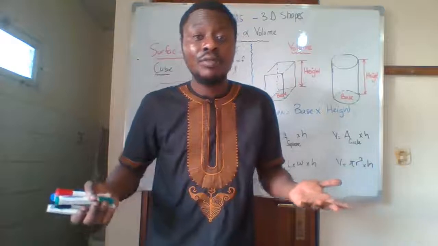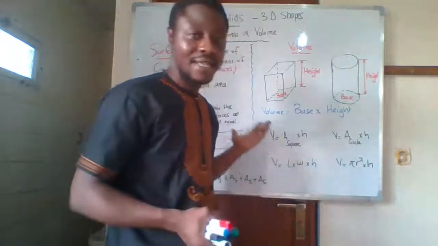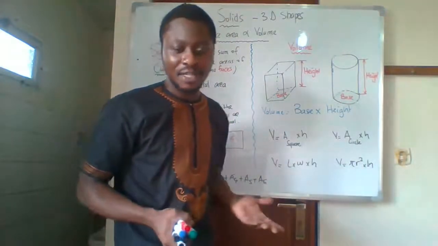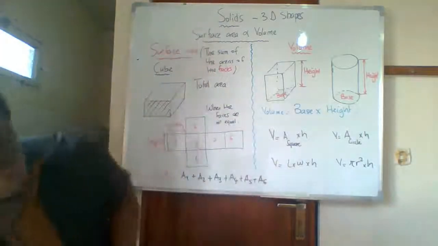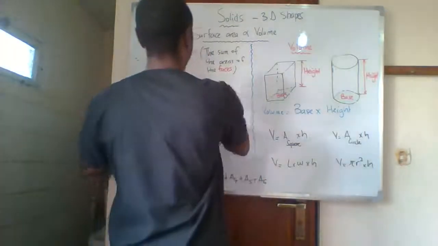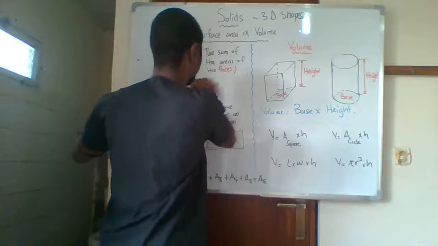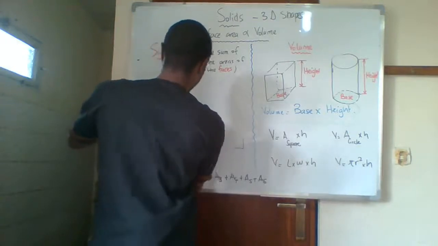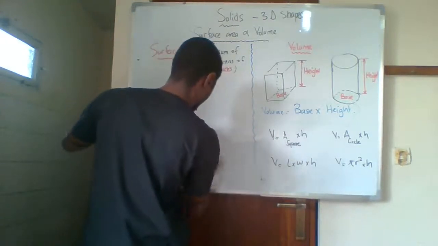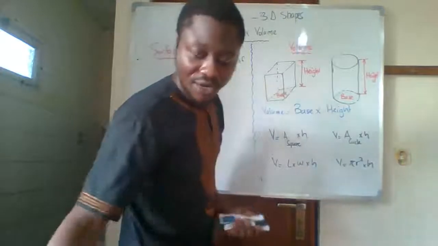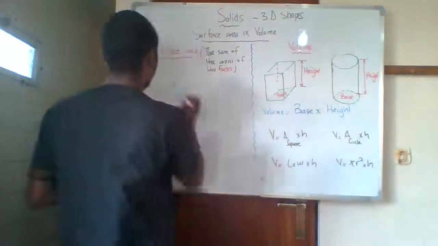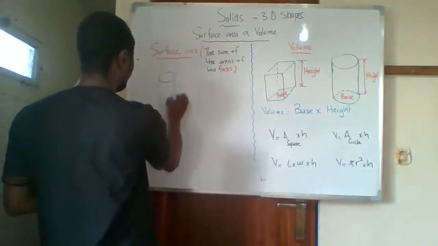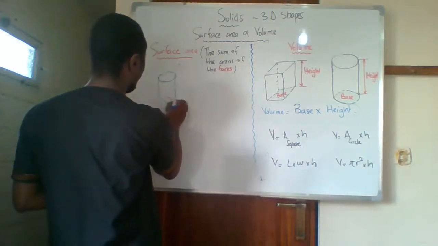Now, how do you find the surface area of a cylinder? It's the exact same concept, and so this concept is going to apply. I'll erase this so that you guys can have an opportunity to see how you can find the surface area. So the surface area of a cylinder, when you have a cylinder, can be opened like this.